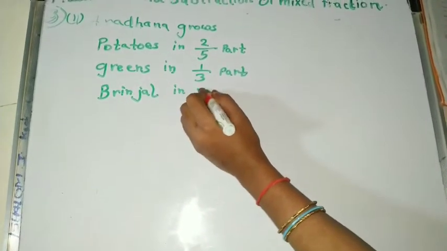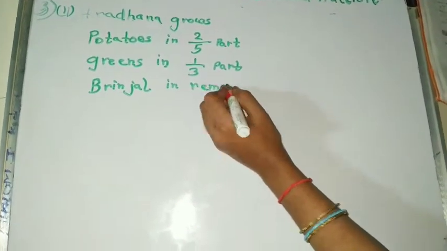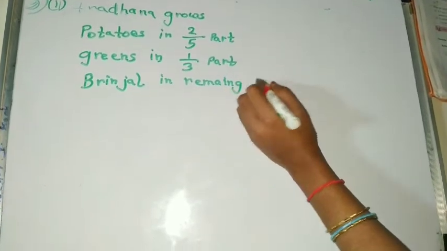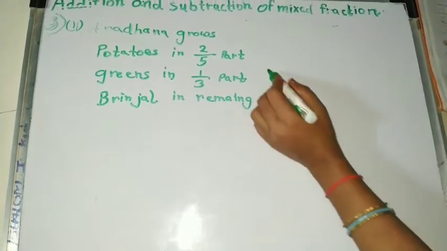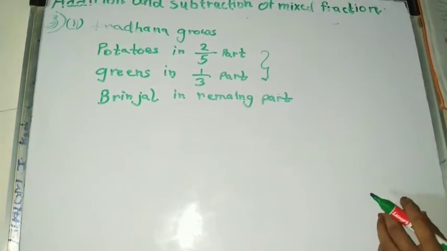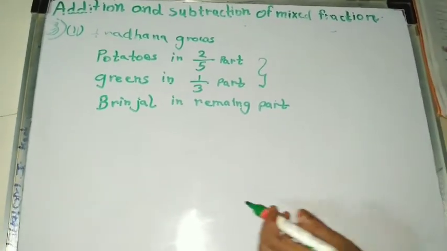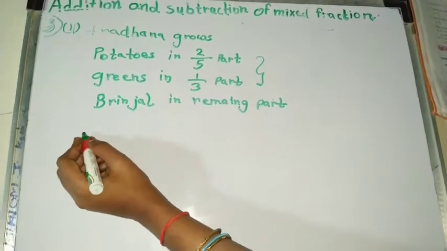This is the question. It means total how much part of the plot did Aradhana use to grow potatoes and greens?